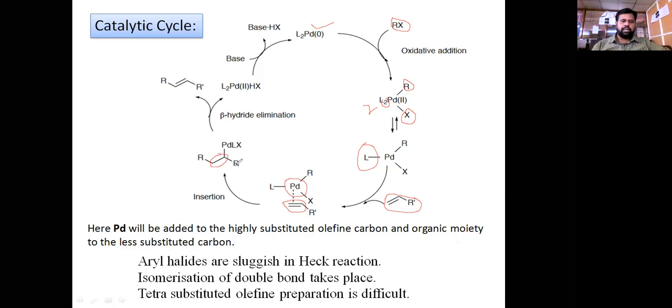So here R, C, so C, R. So palladium catalyst will be separated out from this, and here you will get the alkyl group formed, the C double bond C formation, right? And so automatically ligand with, and again it was beta hydride elimination method. This is called as a beta hydride elimination method.